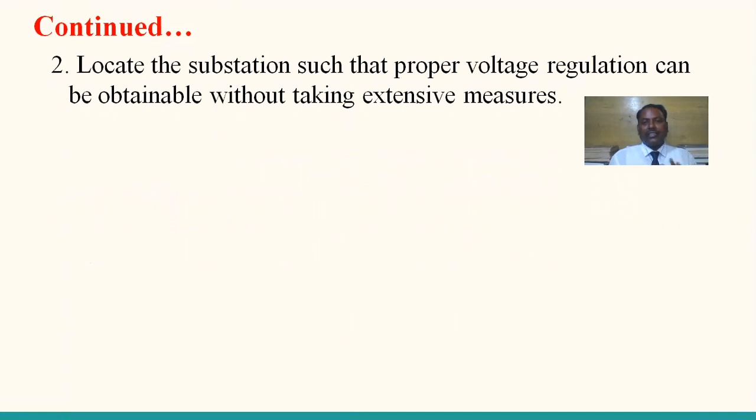You have to take external measures by connecting capacitors, to avoid losses like this. So without taking all these extensive measures, locate the substation in such a way that it gives proper voltage regulation. So this is the most important parameter.